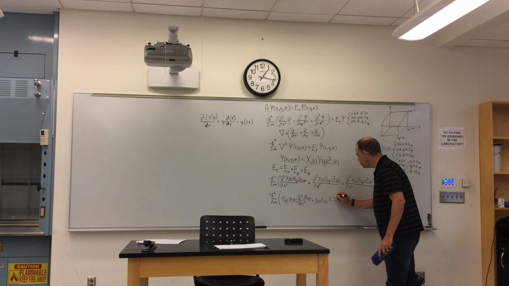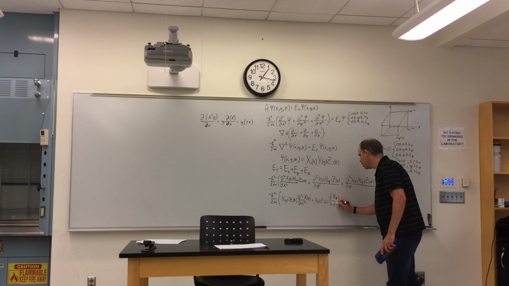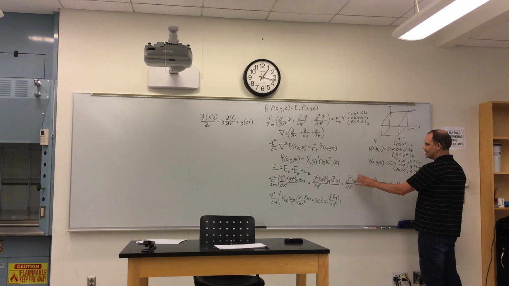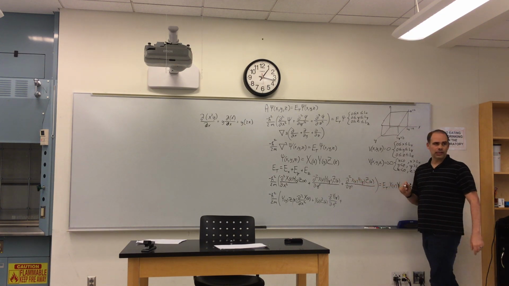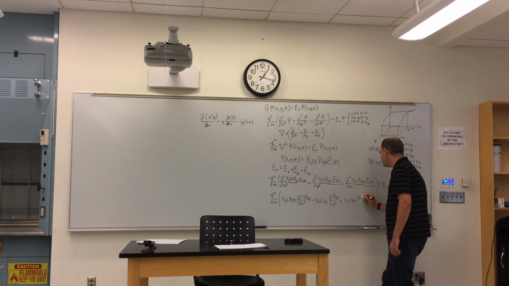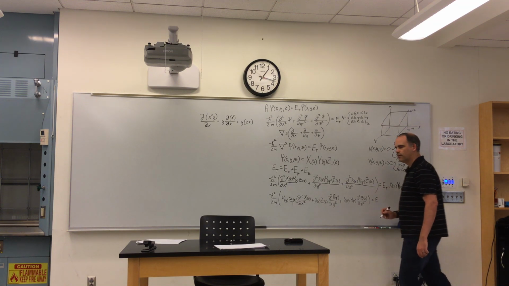partial of y, second derivative, y, del y squared, plus, for the last one, you're taking the partial with respect to z, so the x and the y are being treated as a constant. So x of x, y of y, del squared z of z, del z squared equals E t.